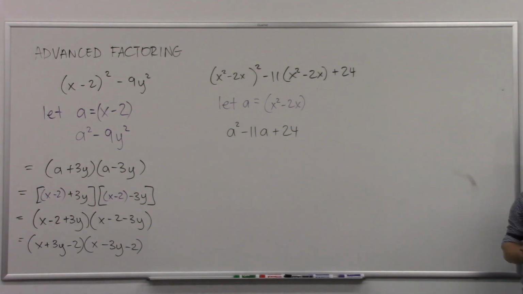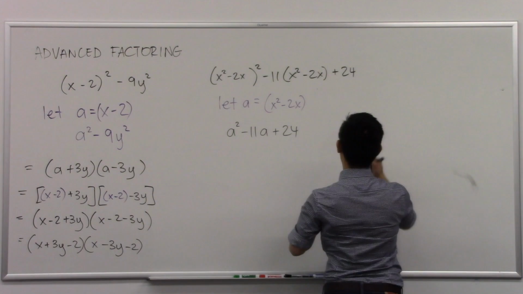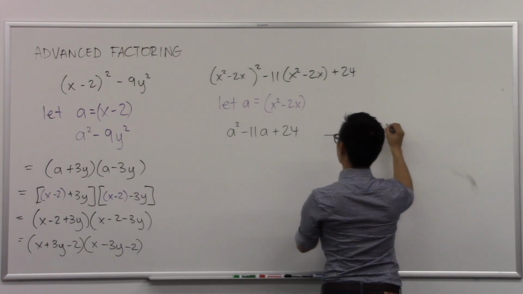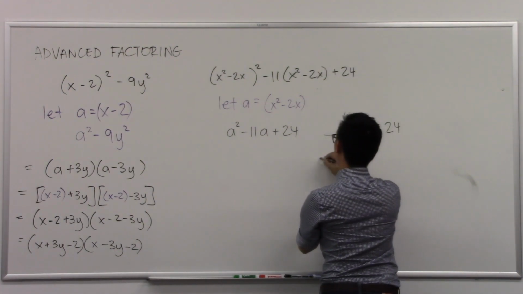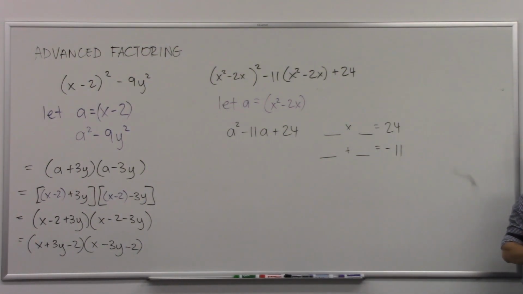How many terms are there? Three. Easy or hard trinomial? Easy because the front term is 1. So we have to find 2 numbers that multiply to 24 and add to negative 11.